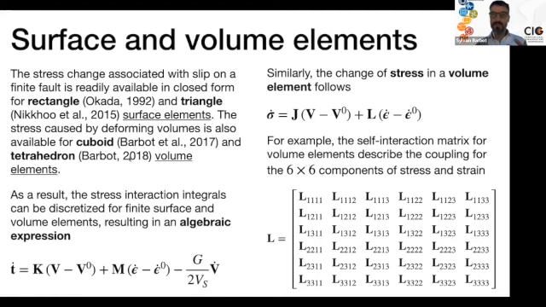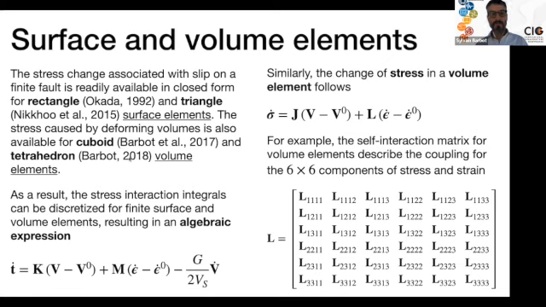And the stress and deformation caused by a volume element are also readily available for cuboids and tetrahedra volume elements. So as a result, we can turn these integral equations into an algebraic equation that simply relates the contribution of different mesh elements, surface elements, volume elements, into the tractions and the stress components.